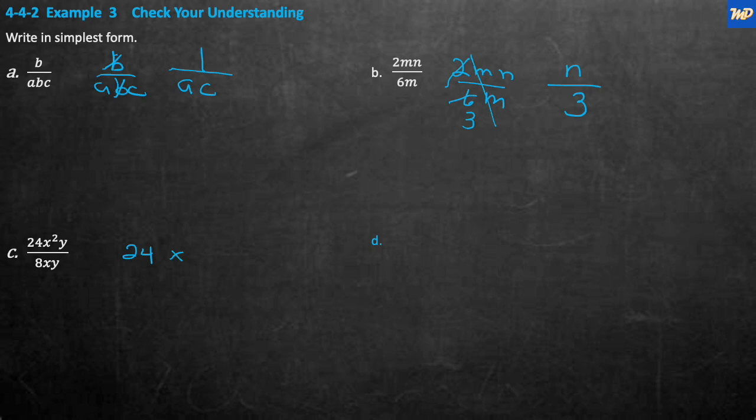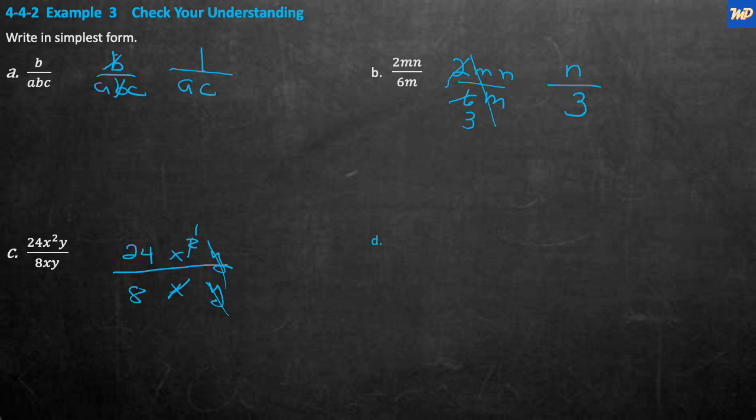As for c, we have 24x squared y, and that's all over 8x y. So as we look at that, there's only singular y's on the top and bottom, so we can cross them out, because the 1 divides the other and turns that into a 1. There's a single x on the bottom and 2 x's on top, so we can get rid of the x on the bottom and convert this one to a 1x.